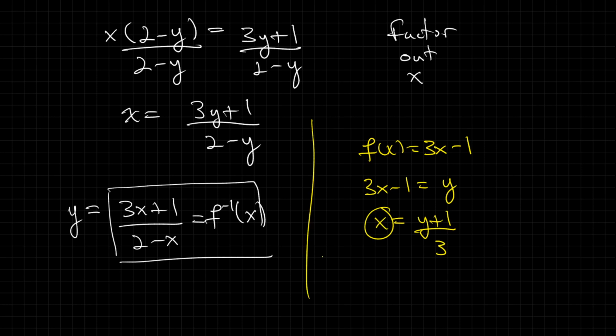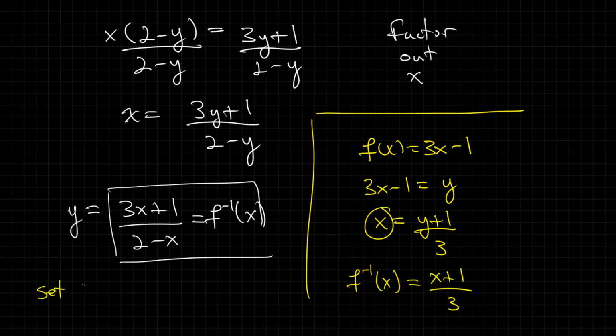Notice in this little mini example to the right, the result would be that the inverse function, f inverse of x, is equal to x plus 1 divided by 3. So to briefly summarize, we set f of x equal to y, solve for x, and we switch y and x.